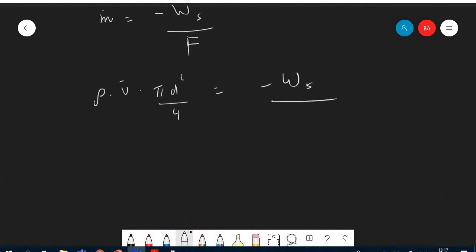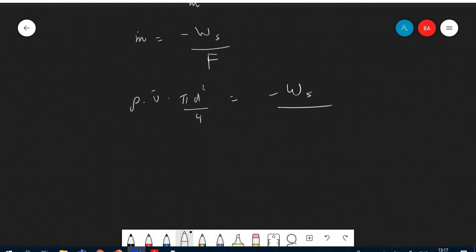And what is F in this case? Okay, my F in this case, if you can remember, it is 2. Oh my God, it's not always easy to remember this. So it's 2FL U square over gc into the diameter of that.